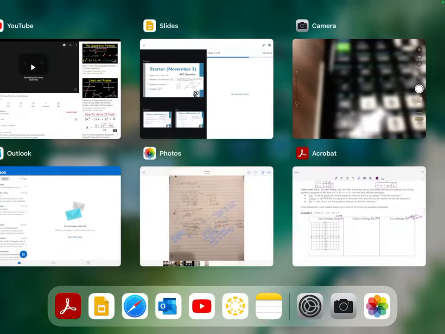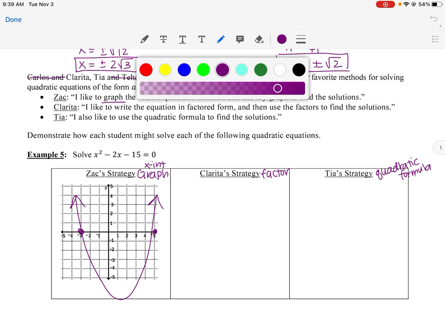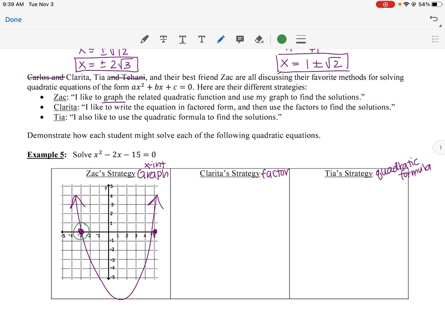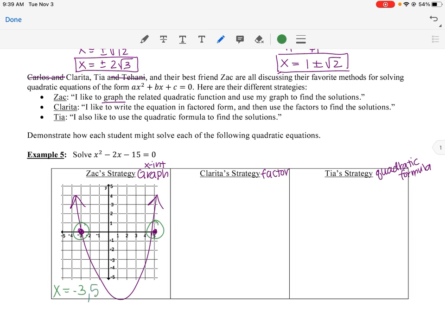Since we just care about where it crosses the x-axis, I'm just going to plot those 2 points. It does end up going down a lot, so it's off the graph. But here we can see your two x-intercepts are these 2 points right here. So x would equal both -3 and +5.